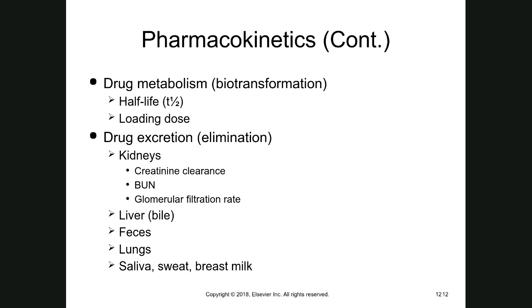And then you'll see changes in feces. Say if you're taking iron, you'll see a change in the color of the feces, and then you see some changes in the lung, and then saliva, sweat, and breast milk.